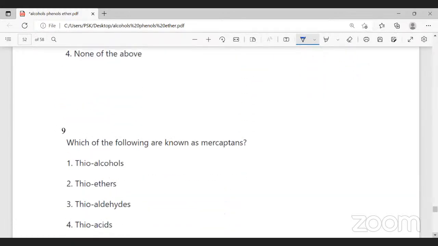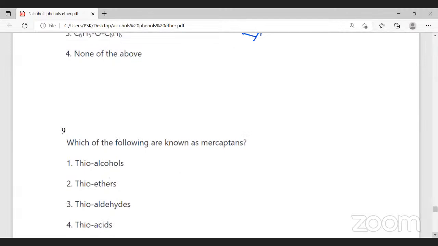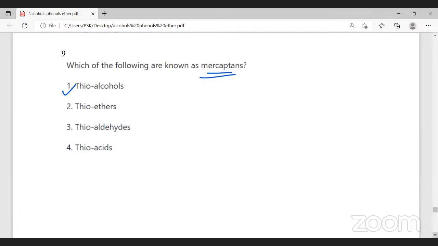The next question: which of the following are known as mercaptans? Thioalcohols, thioethers, thioaldehydes, thioacids. So thioalcohols are called mercaptans. Sulfur-containing compounds are called mercapto, and thioalcohols in specific are called mercaptans.